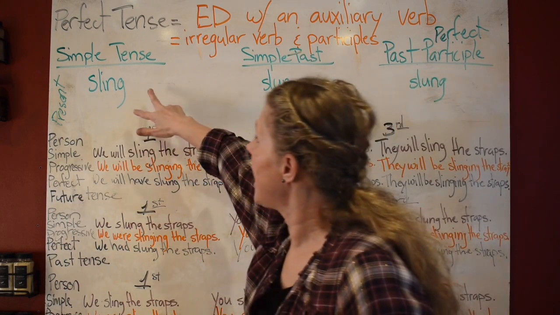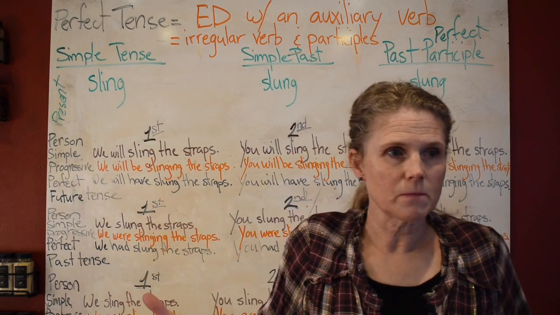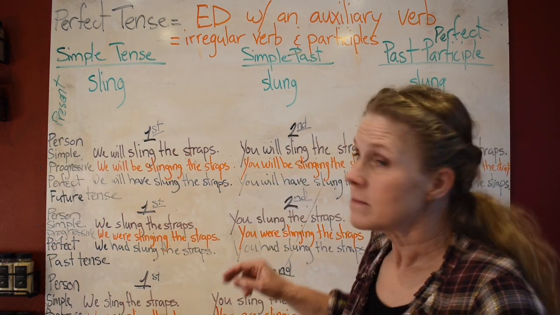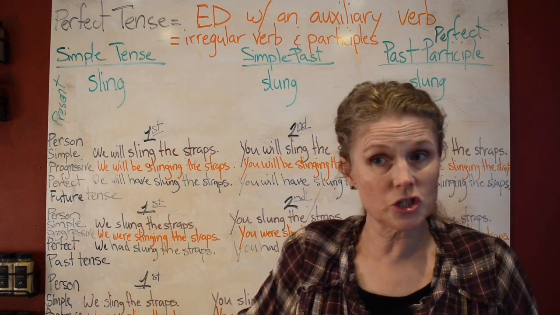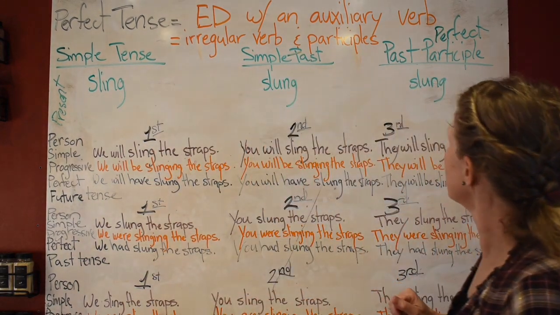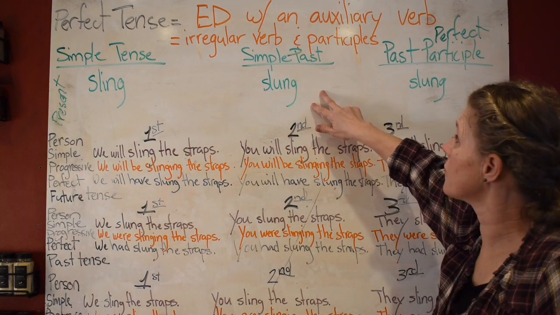If we look at the simple tense right here, it's just your base word. And you would put that on in the simple tense. It's just the base word. That's what the simple tense is. And then your simple past, this is an irregular verb.